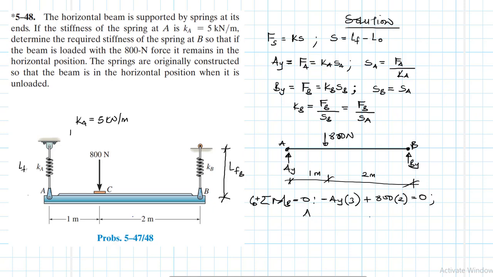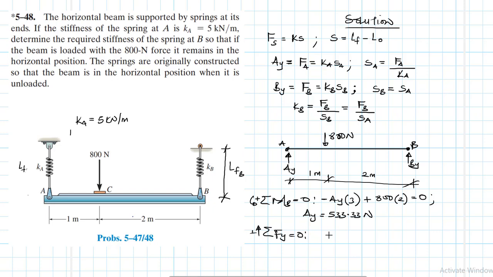Therefore, my AY is going to be equal to 2/3 of 800, which is 533.33 newtons.